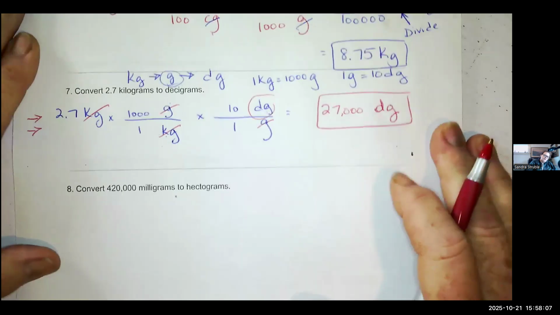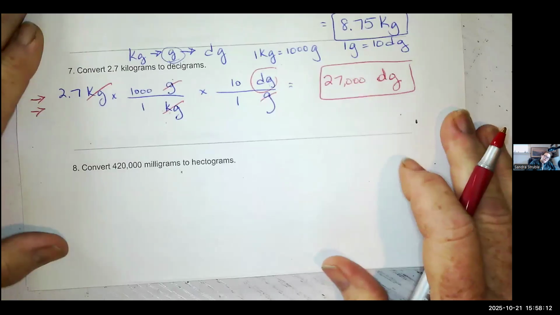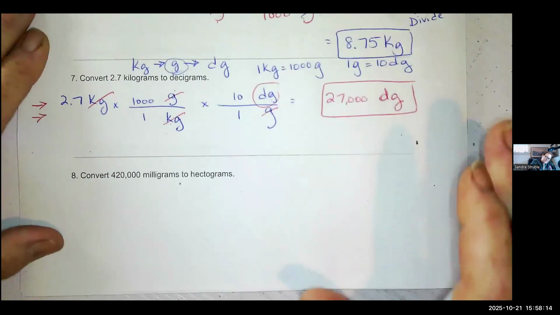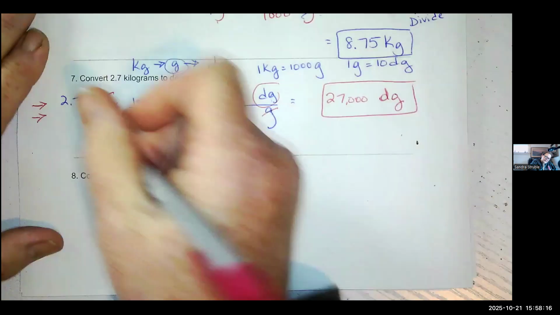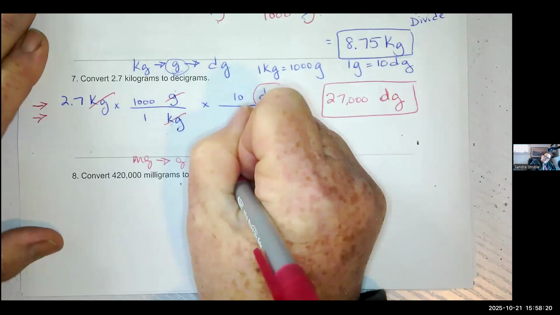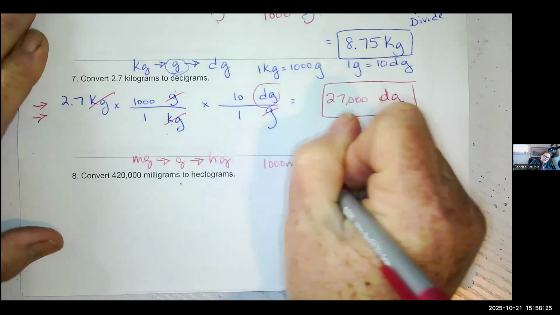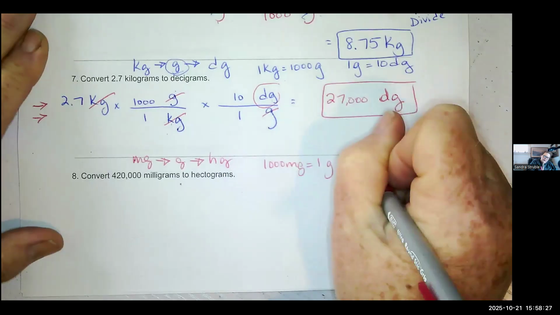All right, next one. Convert 420,000 milligrams to hectograms. Pause the video, attempt this one yourself. We're going to go from milligrams to grams to hectograms. There are 1,000 milligrams in 1 gram, and there are 100 grams in 1 hectogram.